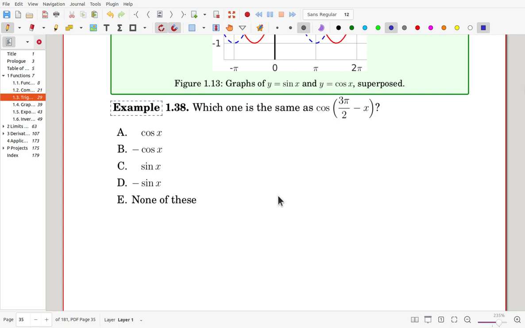Okay. Now, we want to simplify this mathematical expression here. So we choose one of these answers. Once we eliminate that one, it means that we are moving the graph of this cosine function by 3 pi over 2, either to the right side or the left side.